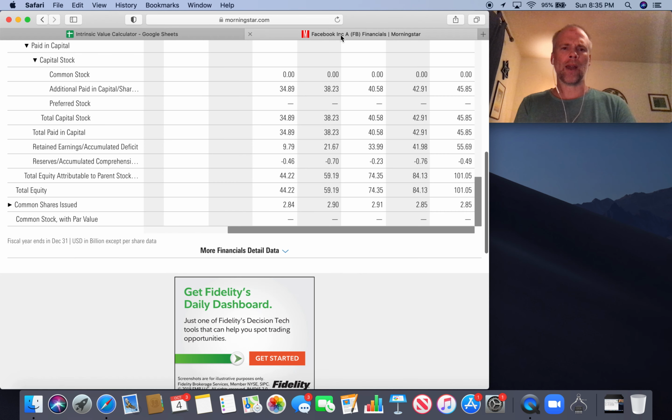Another thing you want to look at is the common shares outstanding. With Facebook, over the time I was looking at it, there was some dilution, meaning over those 7 years, there were more shares outstanding at the end of that period than at the beginning.